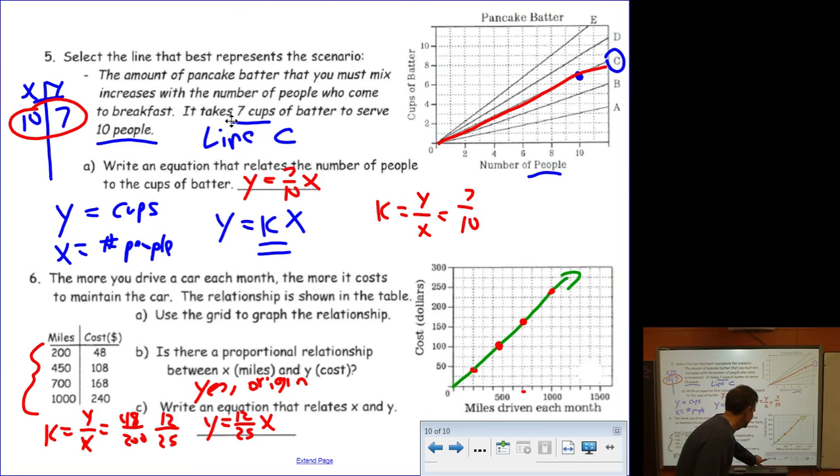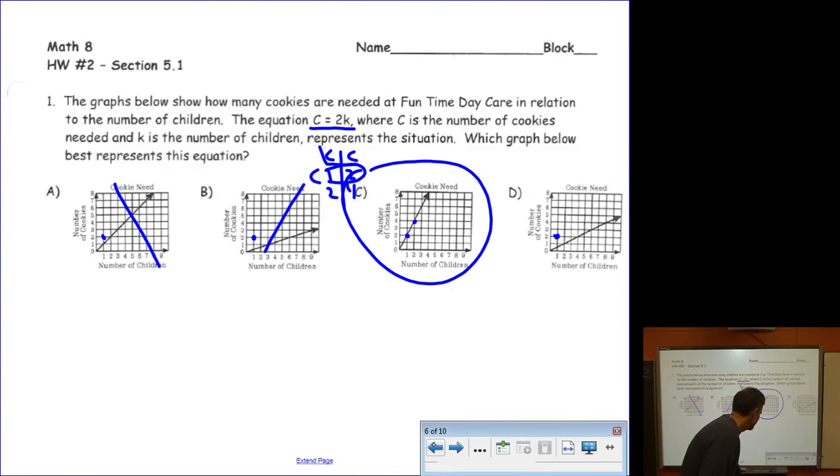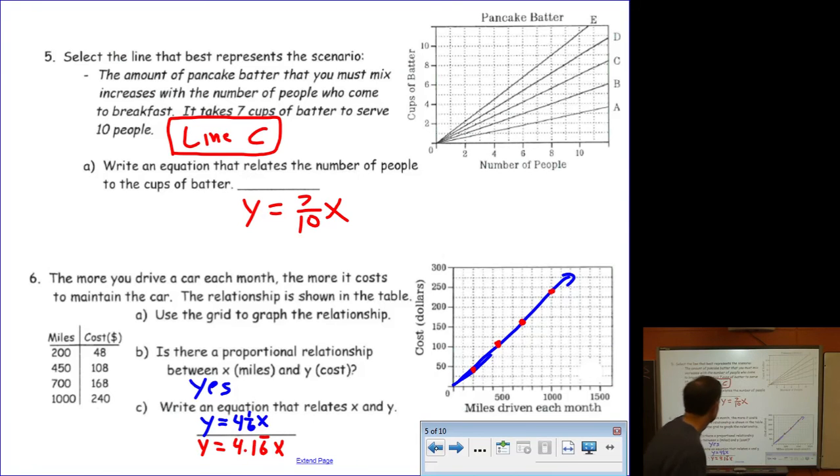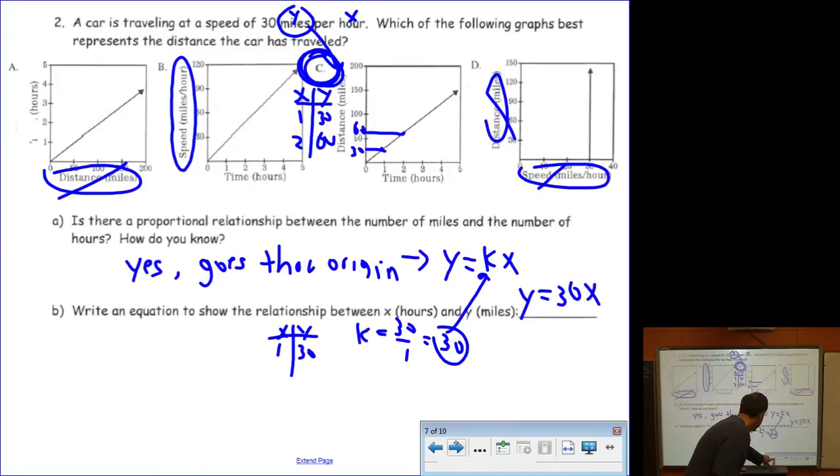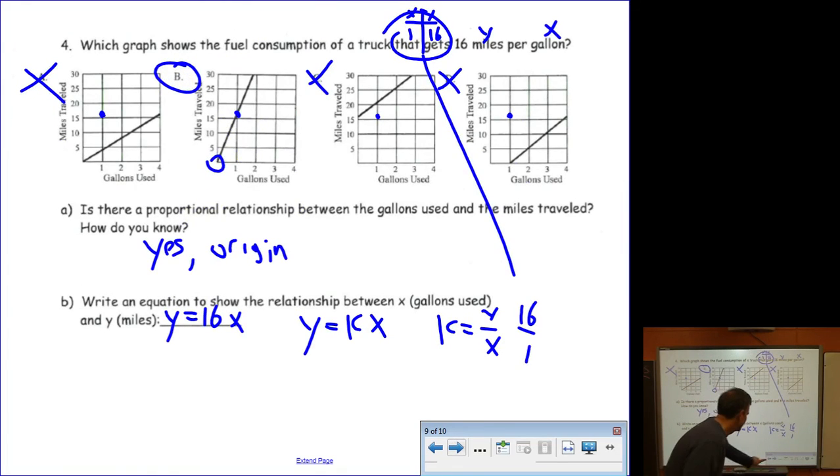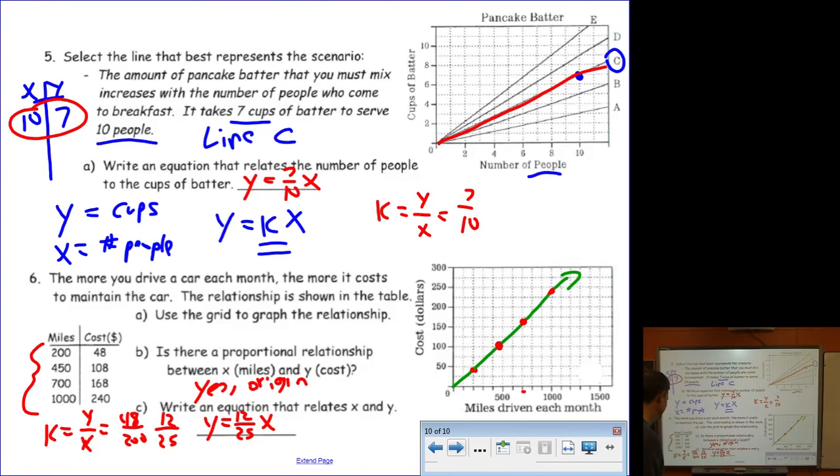I don't feel like that's the answer I gave you. It is not. Look at that. I reduced it wrong, didn't I? 4 goes into 200 50 times.